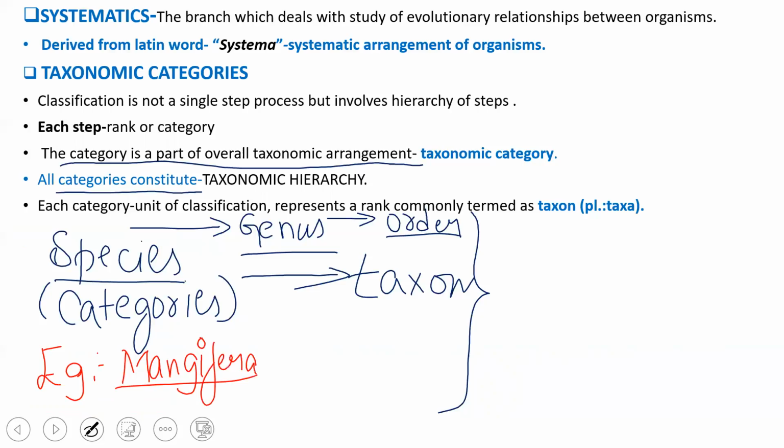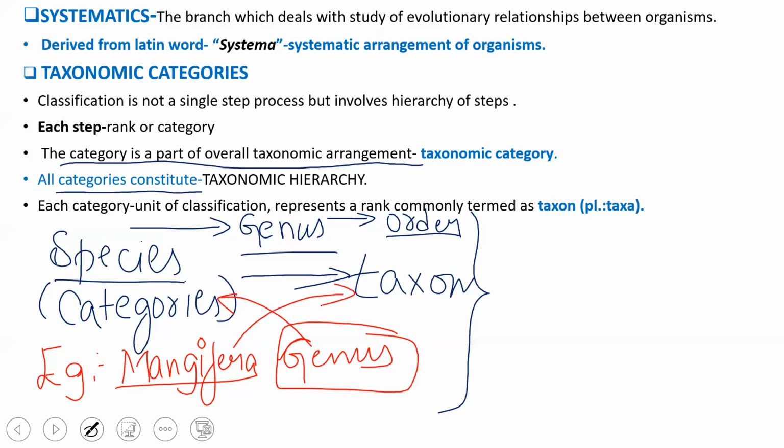Mangifera is the genus name, right? Then genus is called the taxonomic category, whereas Mangifera is called a taxon. So each category has a unit for the classification system, which we call taxon.